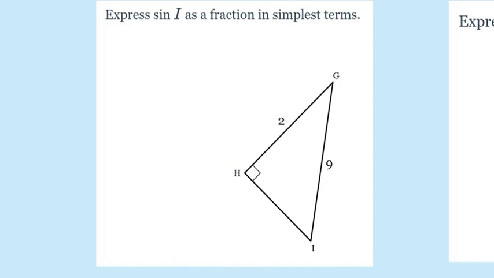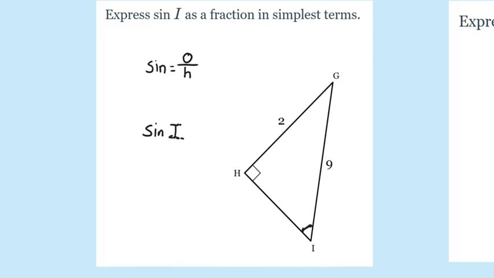All right, express sine A as a fraction in simplest terms. So sine, let's remember, I'm just going to put the abbreviation here. That is the opposite over the hypotenuse. So sine I is going to be from this perspective right here.